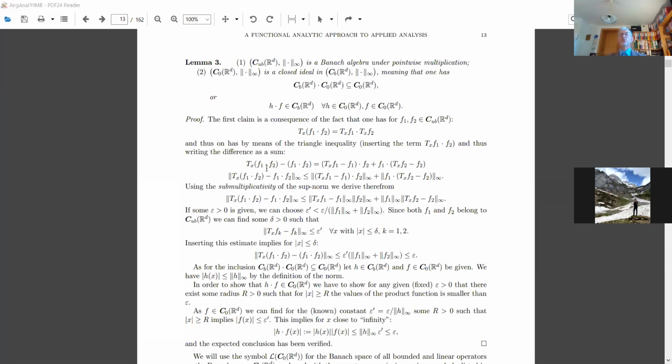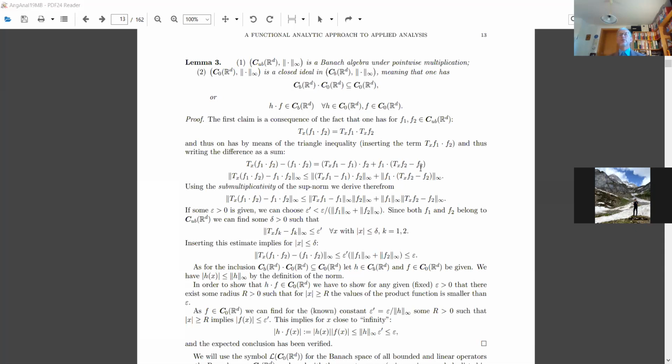We are in the middle of the proof. Using the distribution law, we have the shifted version of f1 minus f1 multiplied with f2. So we have the mixed term extra, and it reappears here with a different sign if you look at the rest. And so it's a sum of 2 such things.